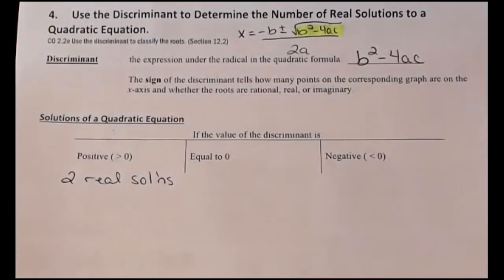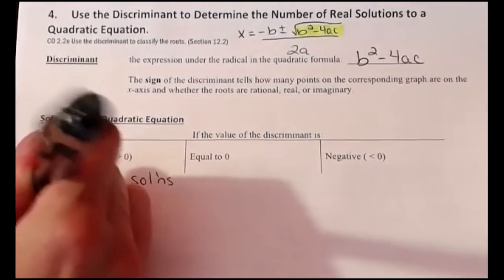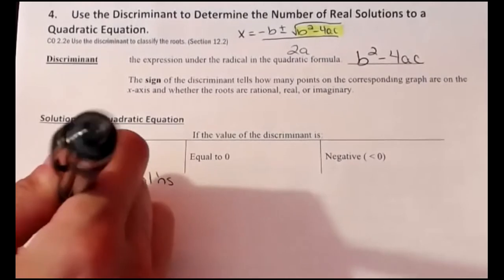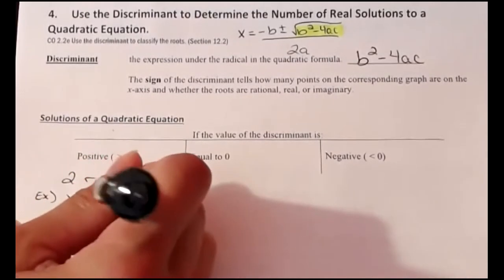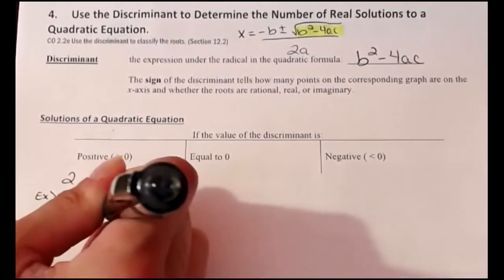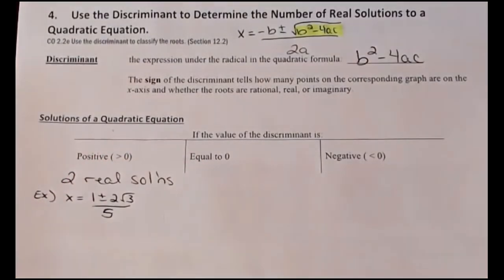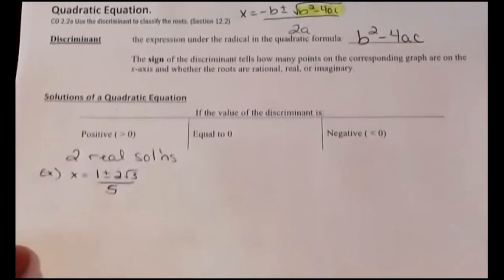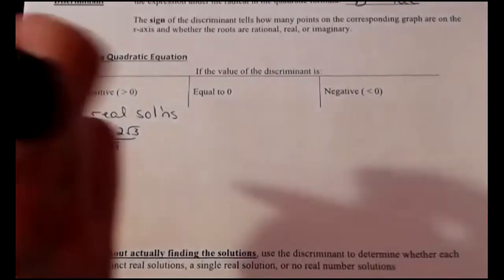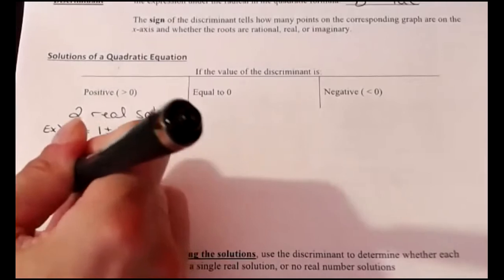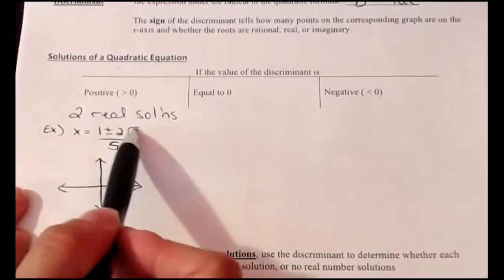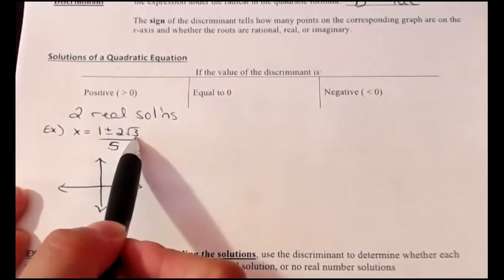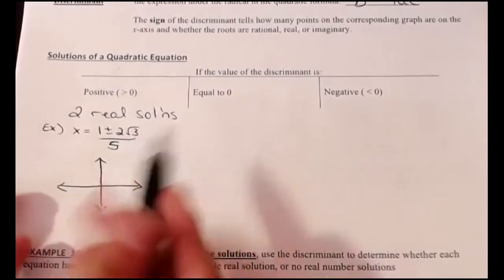For instance, I'll give you an example. x is equal to, let's do 1 plus or minus 2 squared to 3 all over 5, right? As an example. What this says is that when we go ahead and graph this, because I know that my 3 is positive, I'm going to end up having 2 real solutions.